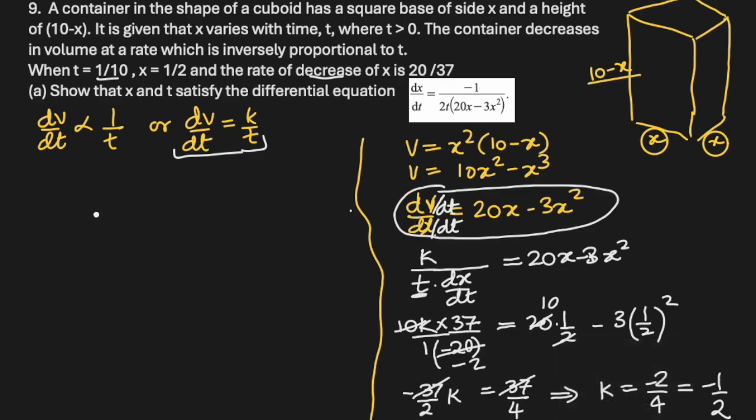Let's substitute to get what they are asking here. Okay, so dV over dt is k over t, right? So in place of this dV over dt, I will write k over t, and k is minus half.